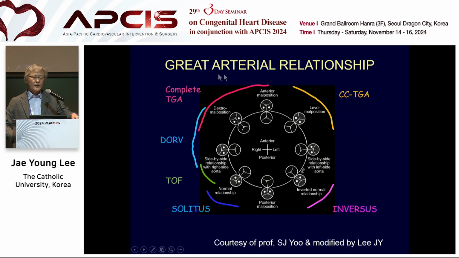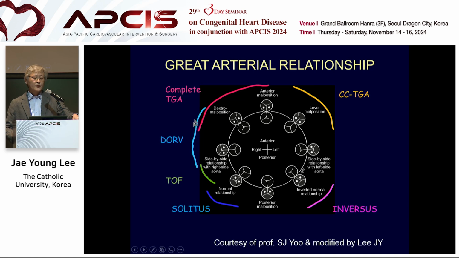So lastly, great arterial relationship. This is the position of the aortic root relative to the pulmonary artery: anterior, posterior, left and right. The normal relationship is aorta right posterior. This is situs solitus. As you know, tetralogy follows. There is some overriding of aorta, a little bit of clockwise rotation of aorta.